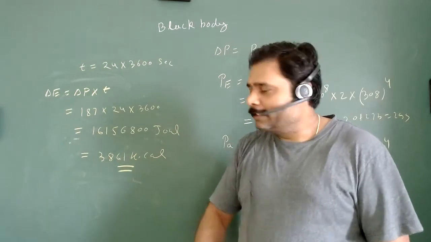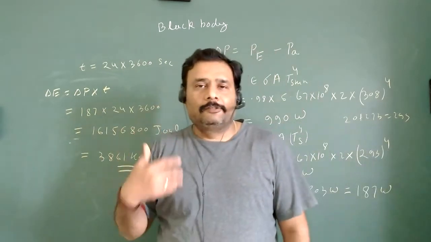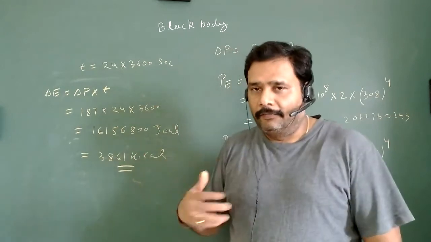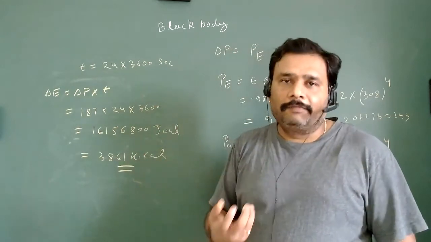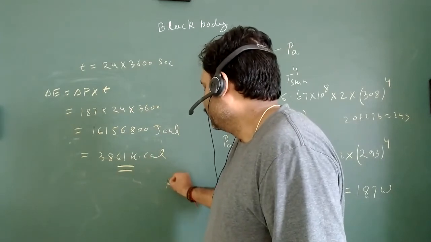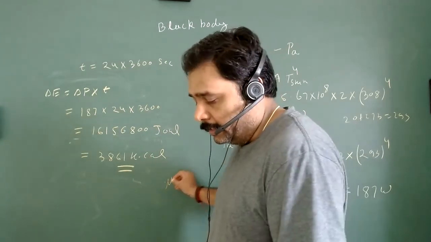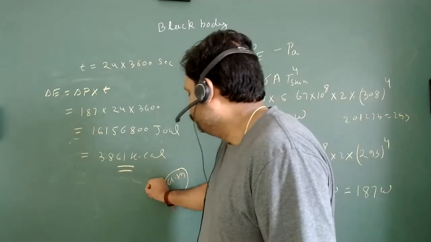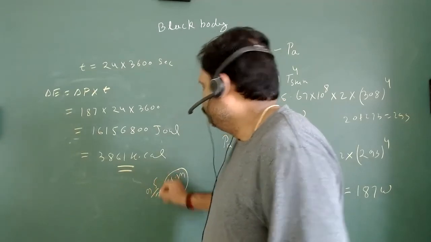But that is a different issue. Yes, our body is also radiating, but that wavelength is not visible because it is in the range of some micrometers. I calculated it to be about 9.5 micrometer.